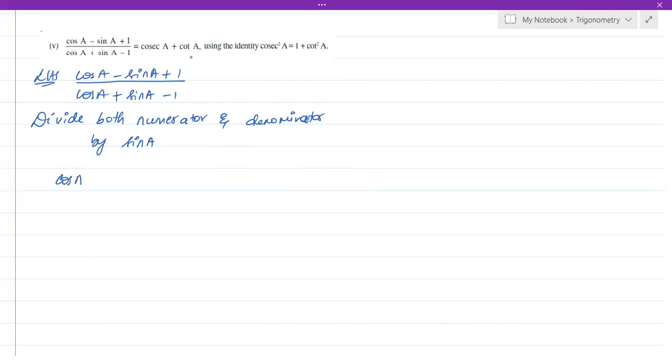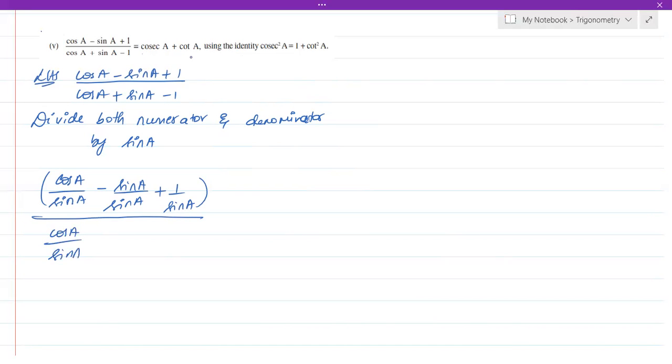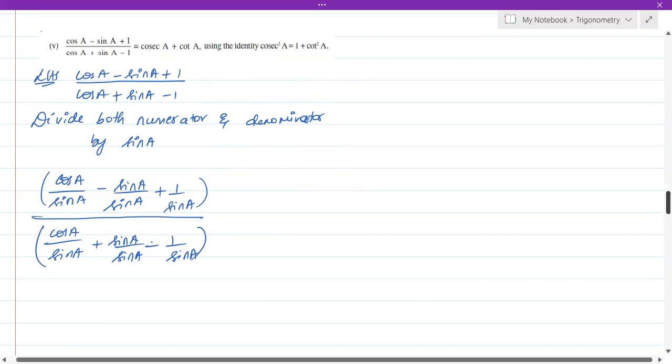So the first term is cos A divided by sin A, so it will become cos A by sin A minus sin A by sin A plus 1 by sin A. This is the numerator. Now let's divide it for the denominator. For each term we must divide it. Again cos A by sin A plus sin A by sin A minus 1 by sin A. Now let's use the quotient relation.